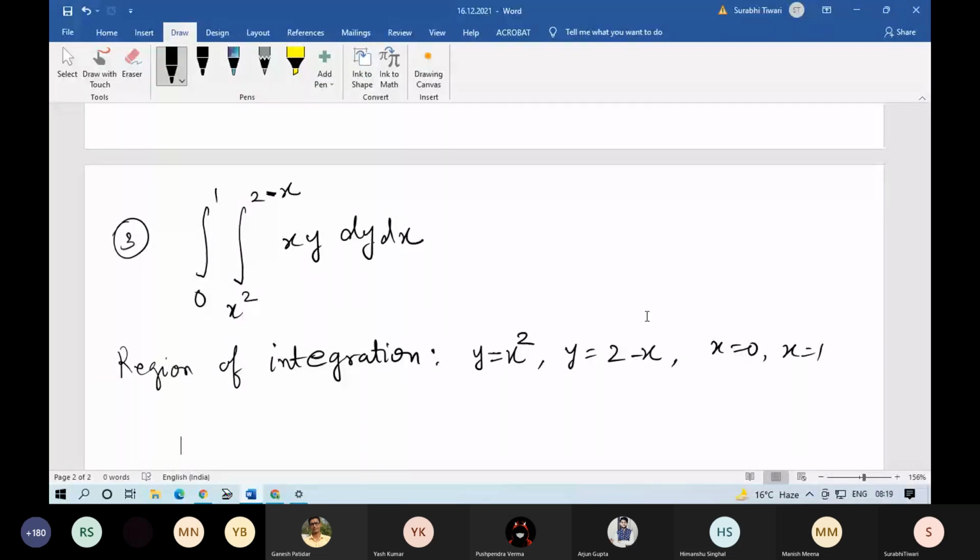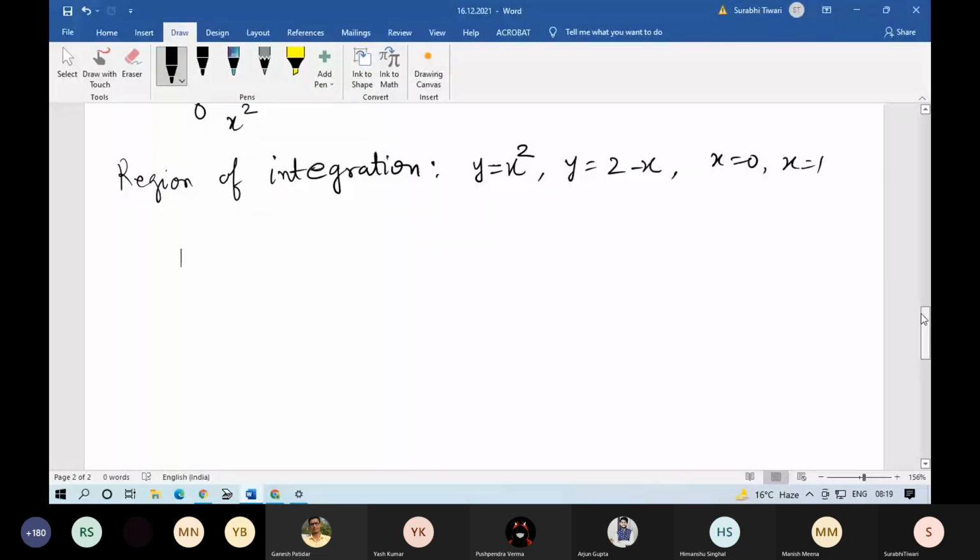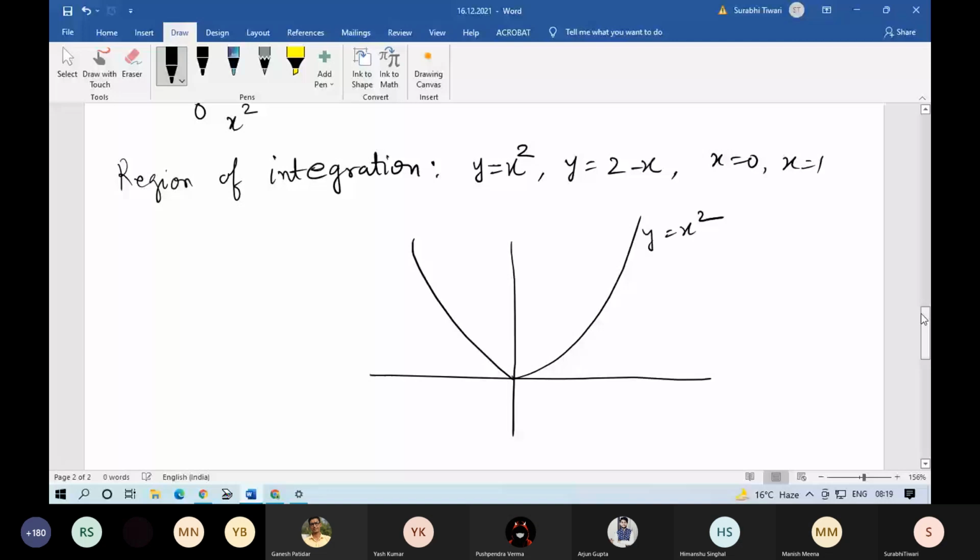Now you first draw the region of integration. Now this is y is equal to x square. Now y is equal to 2 minus x.